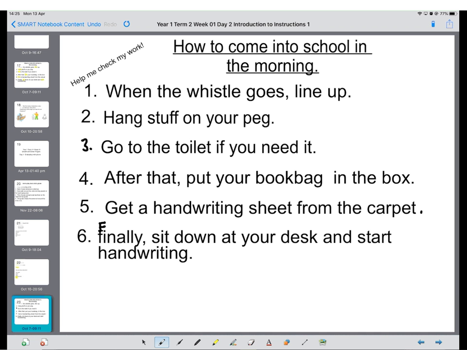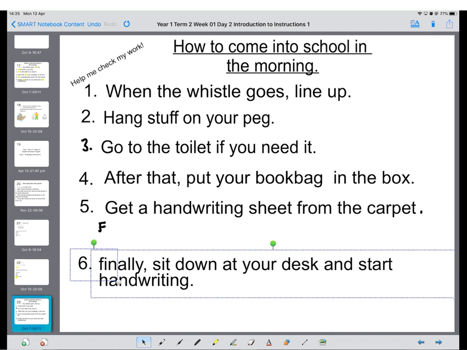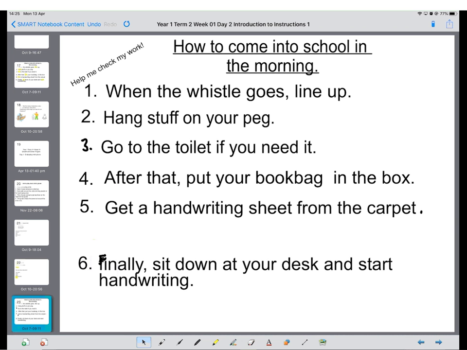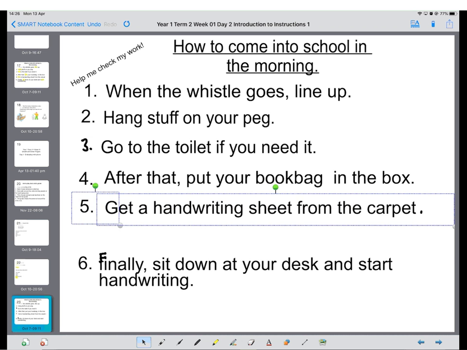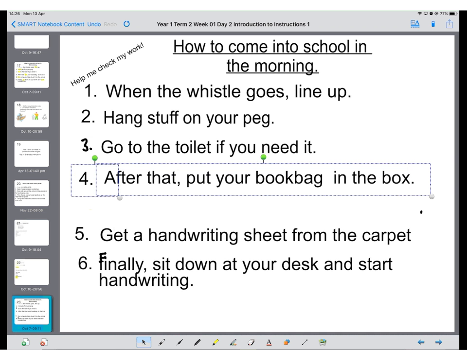Now you could also argue that actually we could move all this down, because we've missed out a whole step. You could argue that we could put an extra step in here.